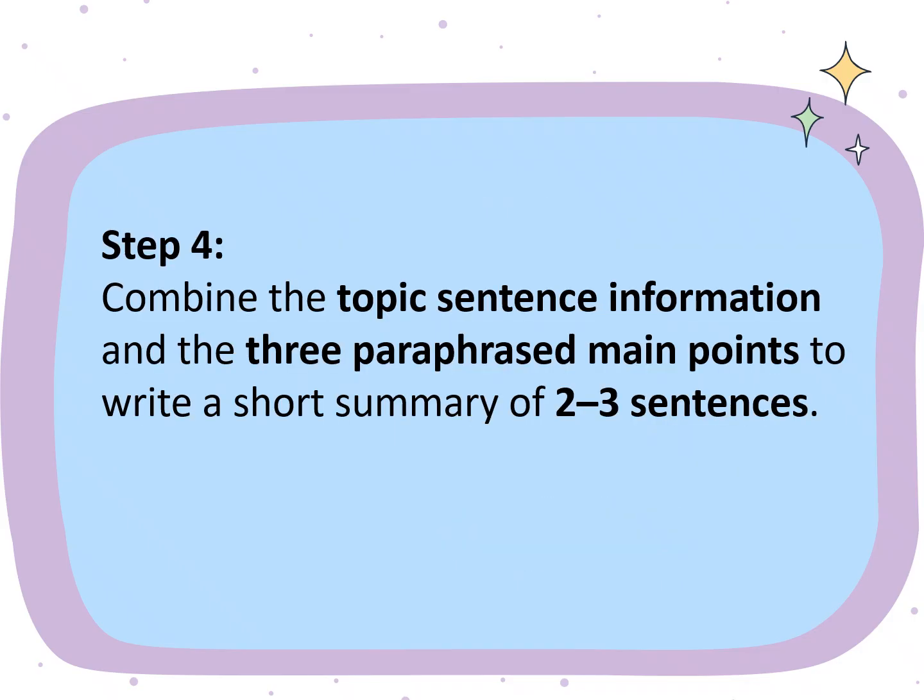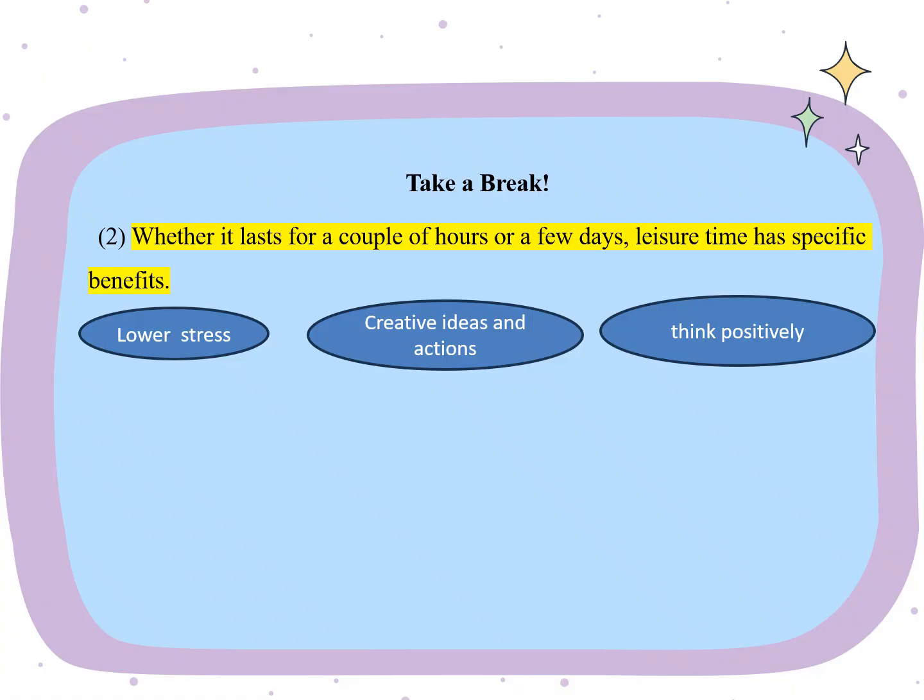Now let's do the step 4. Combine the topic sentence information and the 3 paraphrased main points to write a short summary of 2 to 3 sentences. So now we have our topic sentence.